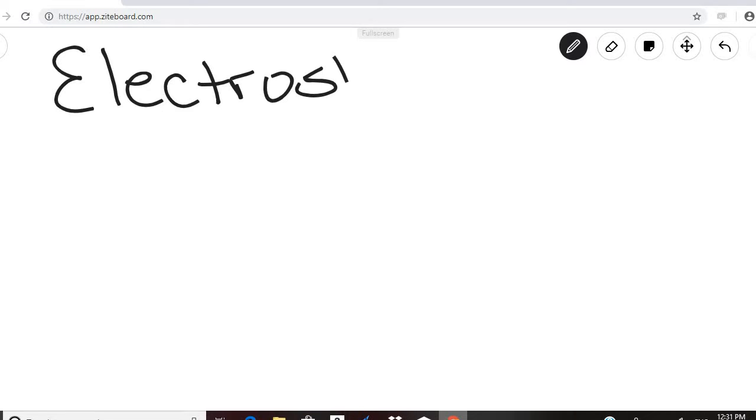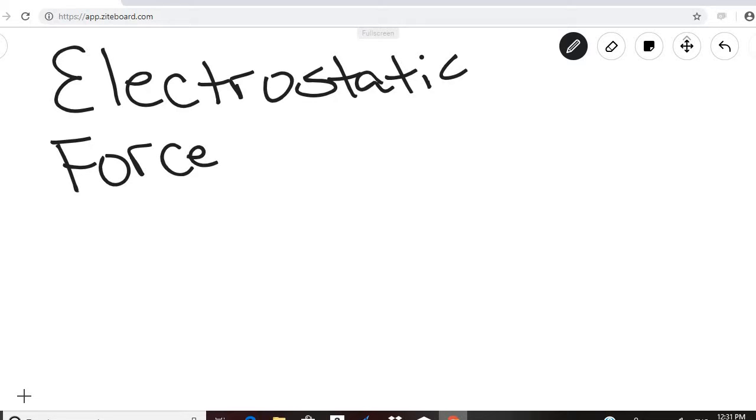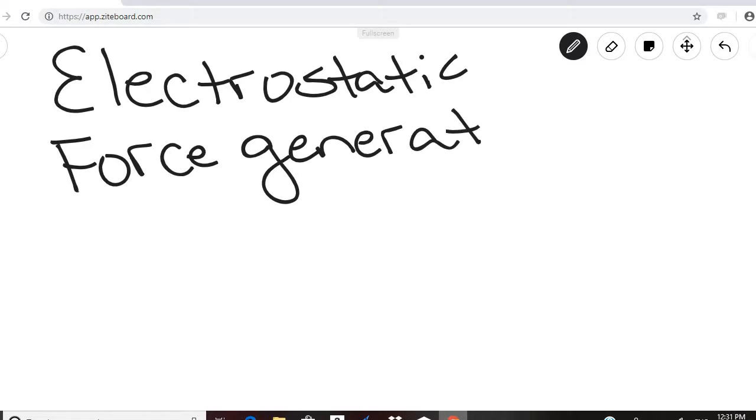So we have this electrostatic force that is generated between two particles. That's what we did in the last module.